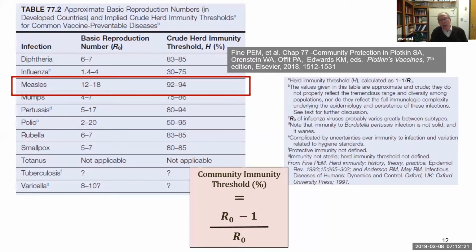If you have a 75% immunity level in that population, in other words, 3 of the 4 are immune, then the average case will only give rise to 1 case, and you will have a constant level. If the immunity level goes above 75%, the average case will give rise to less than 1 case, and the disease will die out. And what you can see here in this slide is because of the high R0 for measles, measles requires the highest herd immunity threshold.